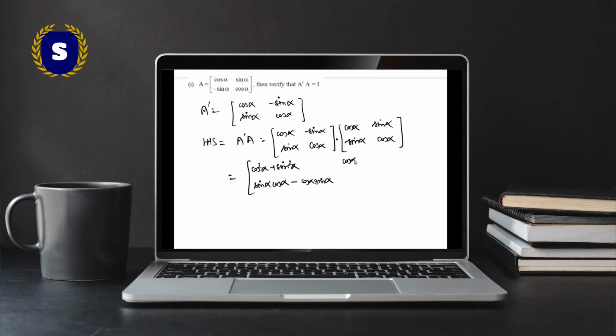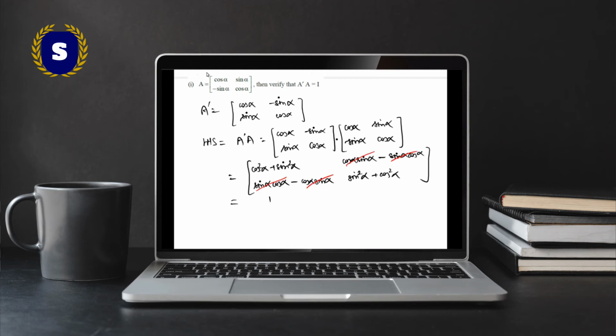This will be cos alpha sin alpha minus sin alpha cos alpha, and this is sin square alpha plus cos square alpha. From the equation of the 10th class, we know that cos square alpha plus sin square alpha is equal to 1, and here they will cancel out each other.